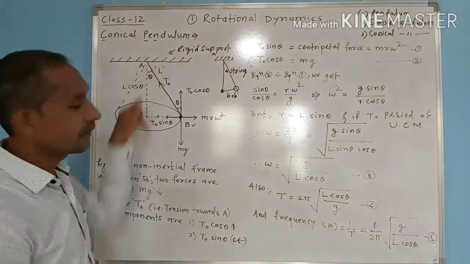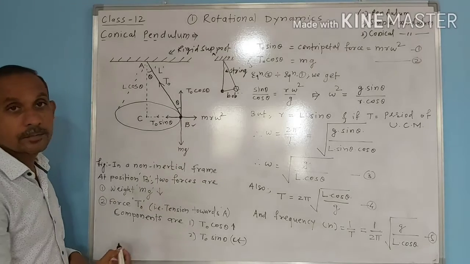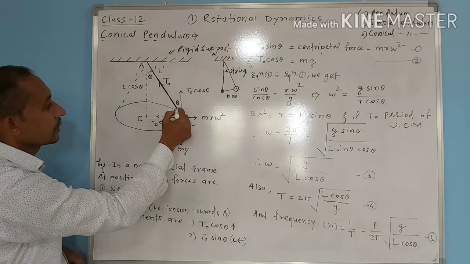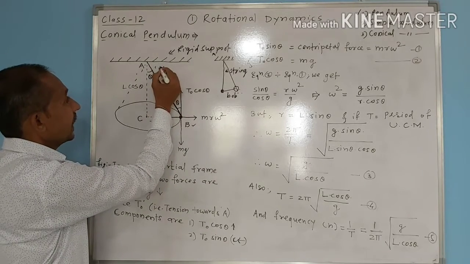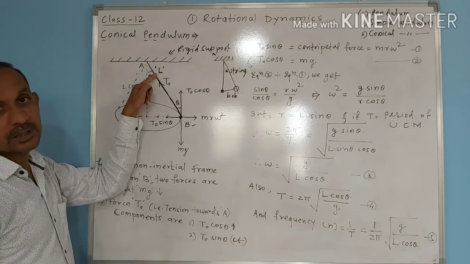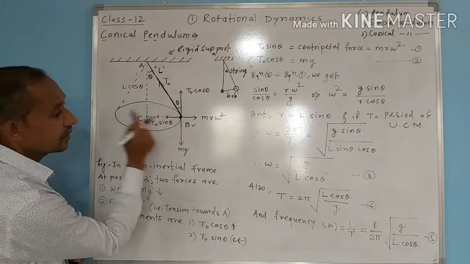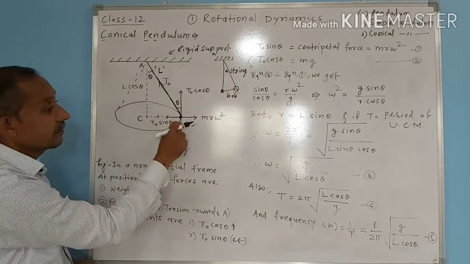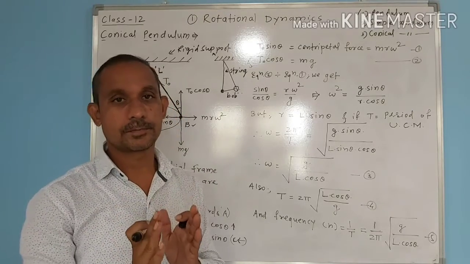So let us see the figure. This is the bob and this is the string, and this string has length L. When the bob is performing uniform circular motion, the string will show a cone.